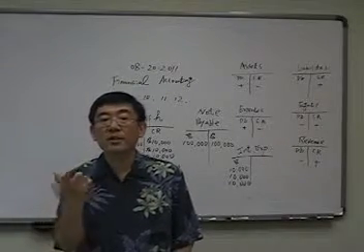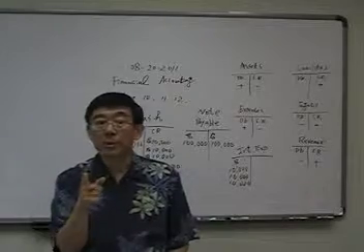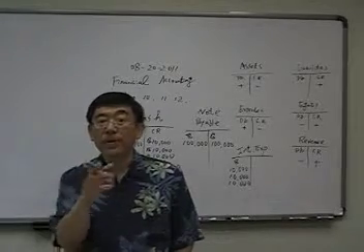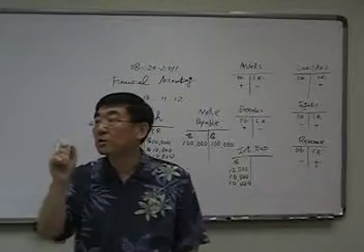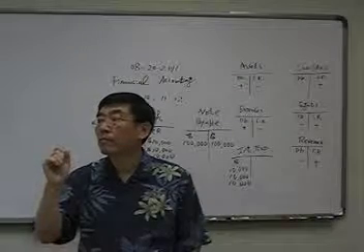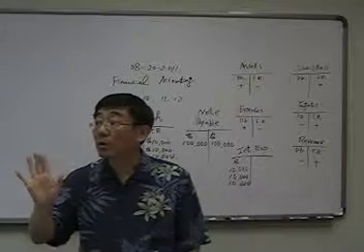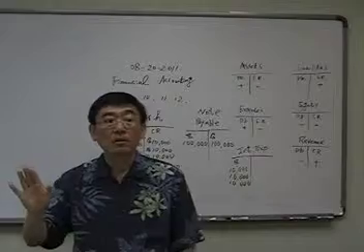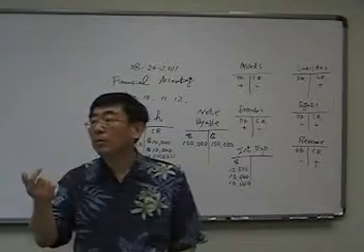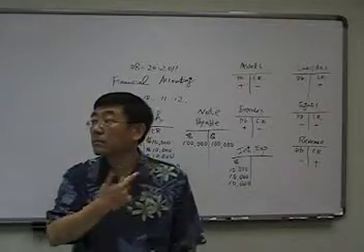So chapter 10, we talk about you borrow the money. Chapter 11, we talk about the company issuing stocks. Okay. Issue is not borrow. So the difference is chapter 10, we talk about liability account.